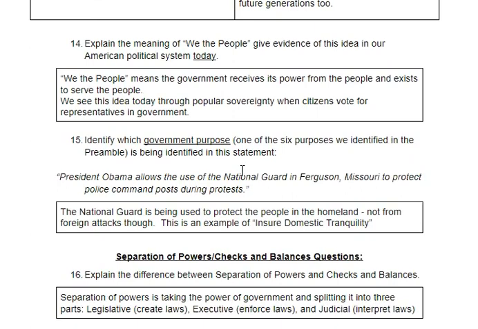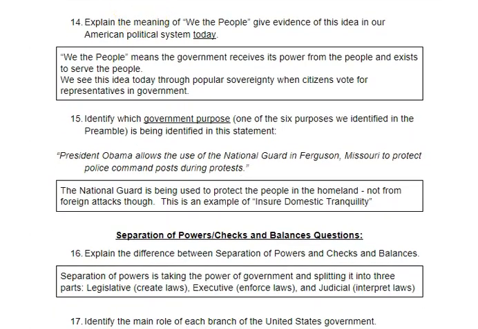Down here we have a few sample questions, like for instance number 14 here. It's asking to explain the meaning of we the people and give evidence of this idea in our American political system today. Remember, when you see American political system today, it's normally talking about voting. So we the people means the government gets its power from the people, and it really exists to serve the people.